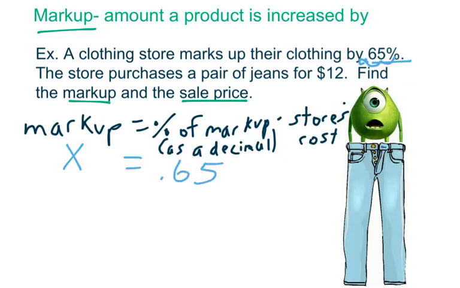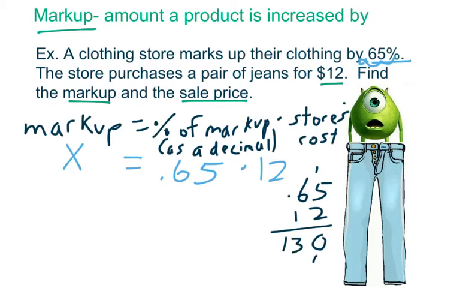And then the store's cost, in other words, how much did the store pay for it? $12. So I just multiply that by $12. And I can do that off to the side. So 0.65 times 12. 2 times 5 is 10. Carry it, I get 13. 0 for place value, I get a 5 and then a 6.